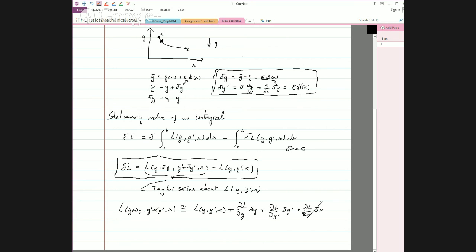And that term, of course, is 0. So this is just the first Taylor series expansion, right, about y, y prime, and x. And so this is the distance away from y, and this is the distance away from y prime. And so the Taylor series has this form.